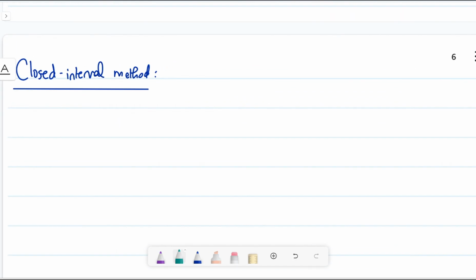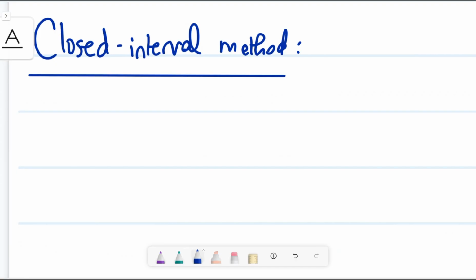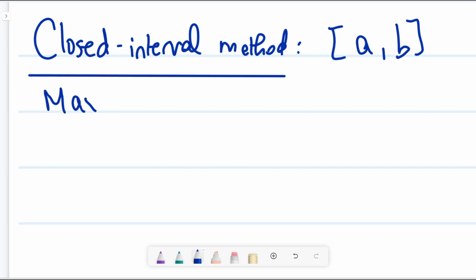Now let's learn about what we call the closed interval method. As the name suggests, when we have a closed interval, we have 2 points, maybe A till B, in a closed interval, so it includes both of these points A and B. What does the closed interval method help us to do? It helps us to identify the maximum or minimum.